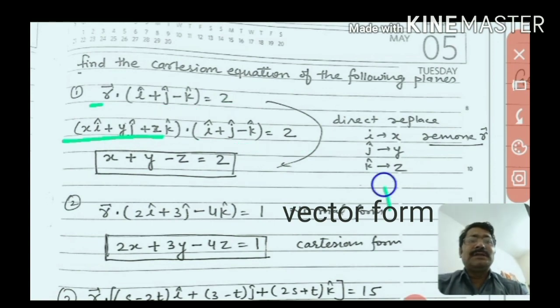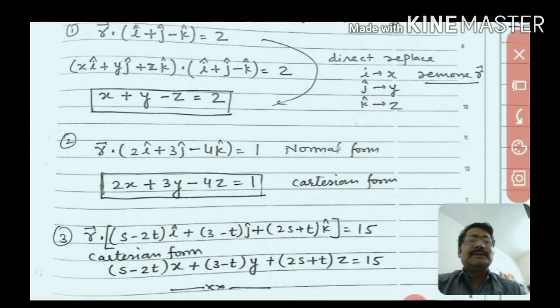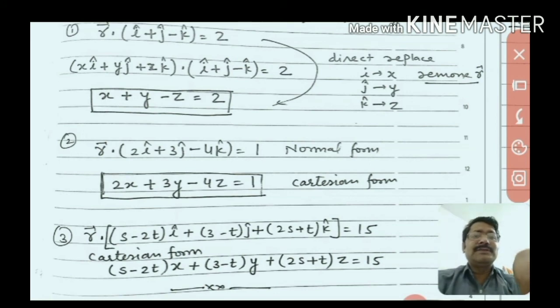You will not write r vector, and in place of i j k you write x y z. So we get 2x plus 3y minus 4z equal to 1, and 2, 3, minus 4 are the direction ratios of the normal of the plane.